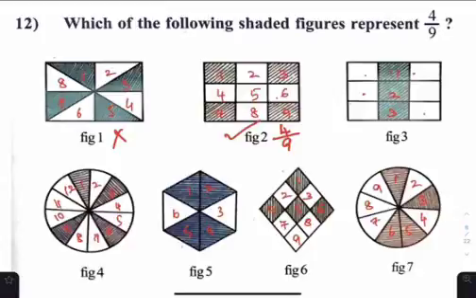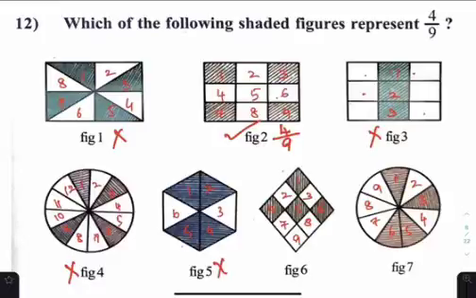Now the third one, though we have a total of 9 in the denominator, the shaded part is only 3. So we don't want to consider this figure. Now moving on to the next one, the total number of parts itself is 12. So the denominator becomes 12. We don't want to consider that. Now next, figure 5, the denominator becomes 6. Hence we will not consider that.